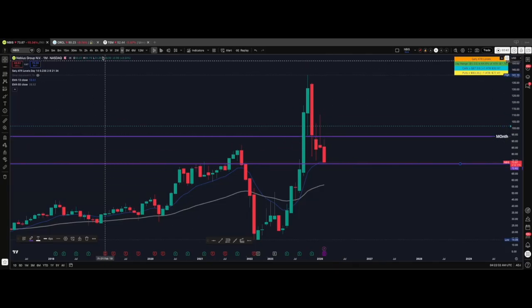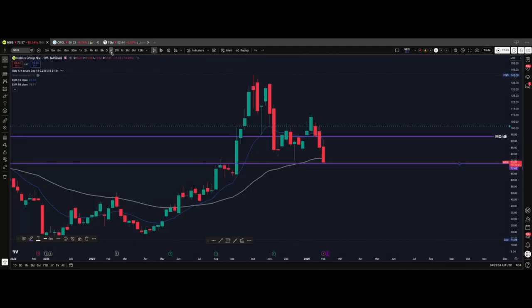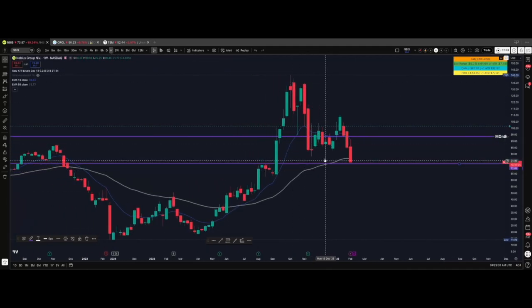In my next course of action, I go down to the week. At the week, I can fine tune and get a more granular look. Each one of these candles is a week.